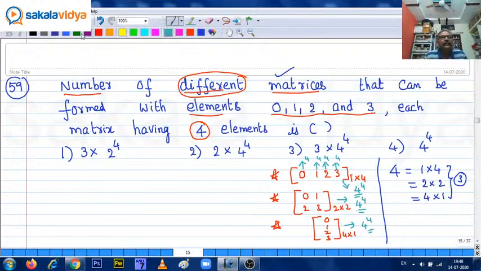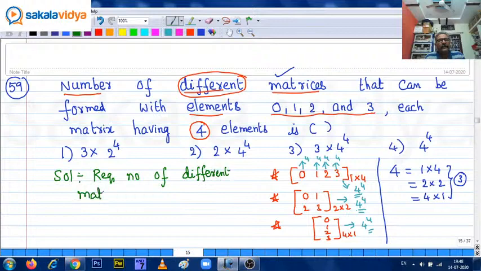So the required number of different matrices, meaning different types of matrices, equals 4 to the power of 4 plus 4 to the power of 4 plus 4 to the power of 4.